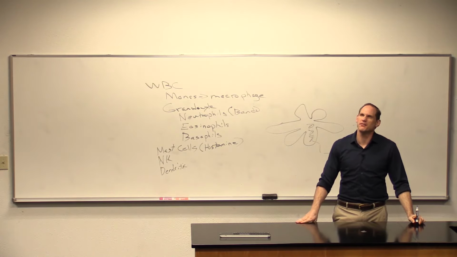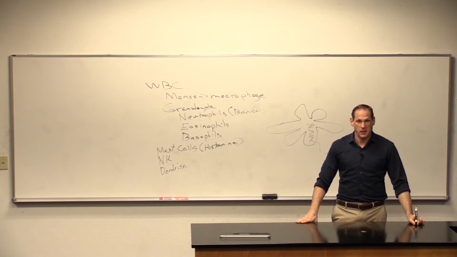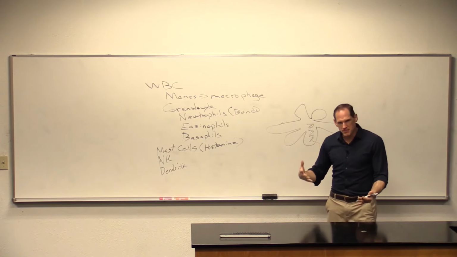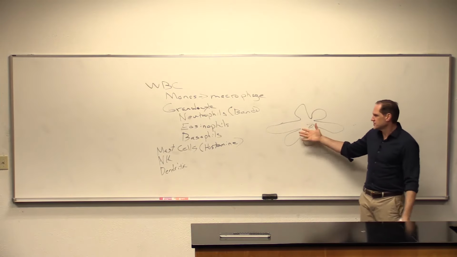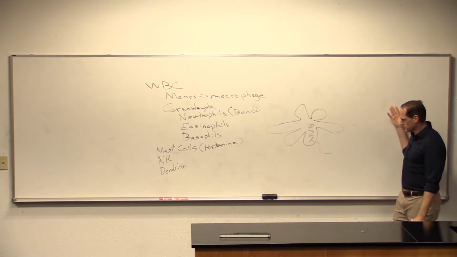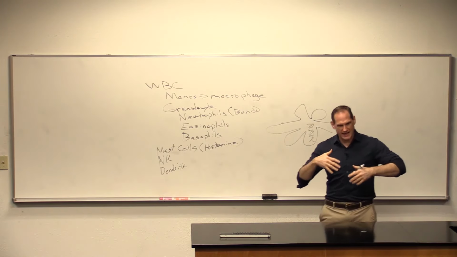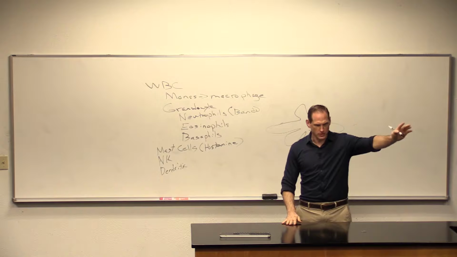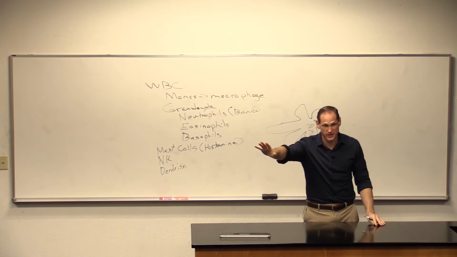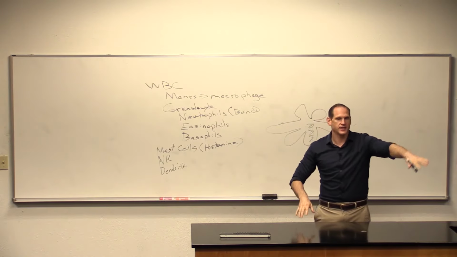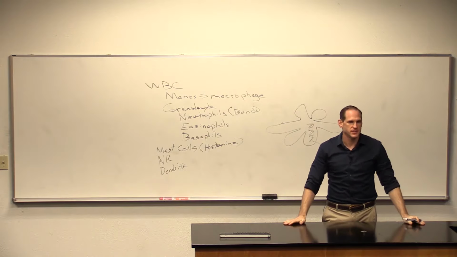That tastes like normal stuff. That's bad. I have to do something about this. And when it discovers something bad, it's going to travel through the lymph to the nearby lymph node, where it's going to start asking lymphocytes, do you recognize this antigen? Do you recognize this? Do you recognize this? And it's going to try and activate T-cells.